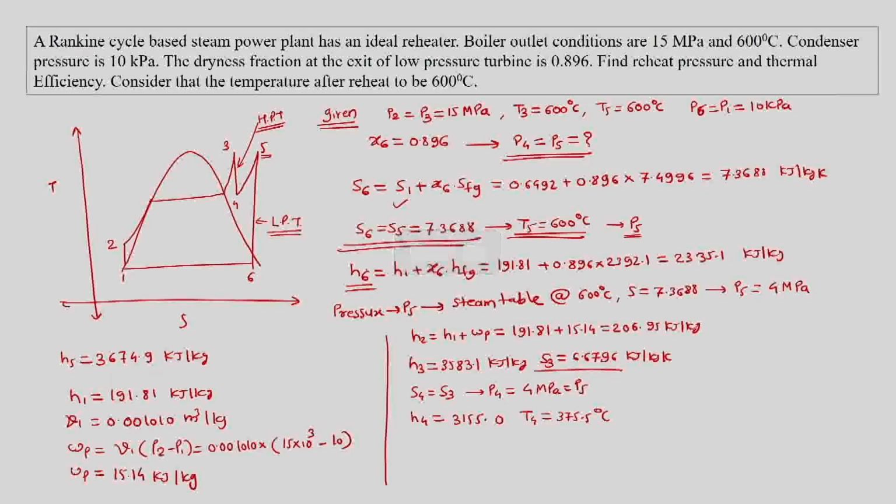We have to remember that we are adding heat in two places, in the boiler and in the reheater. So it is H3 minus H2 plus H5 minus H4.